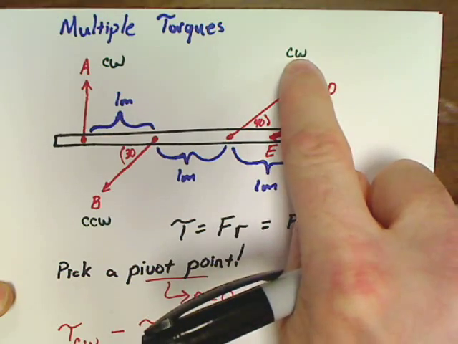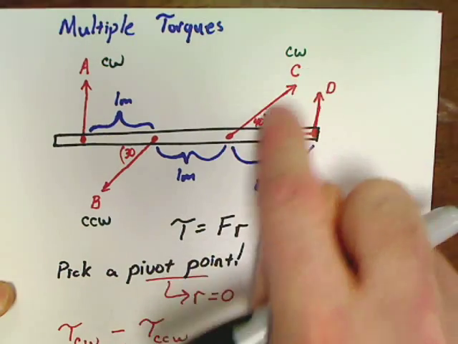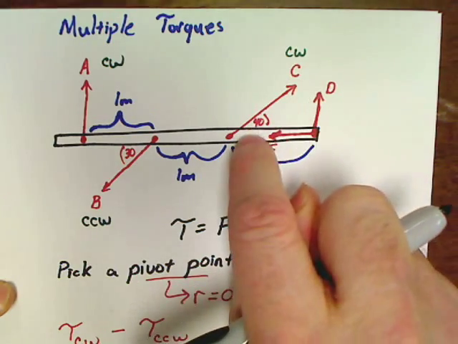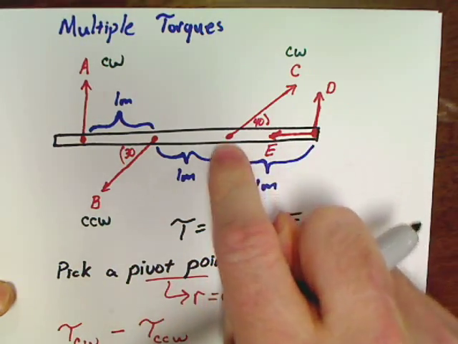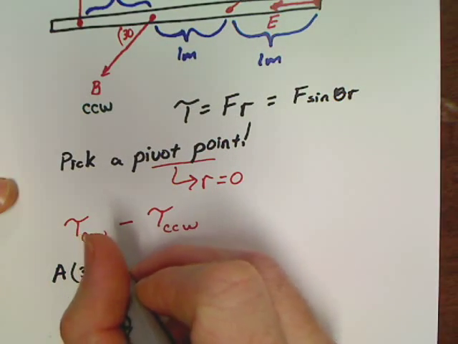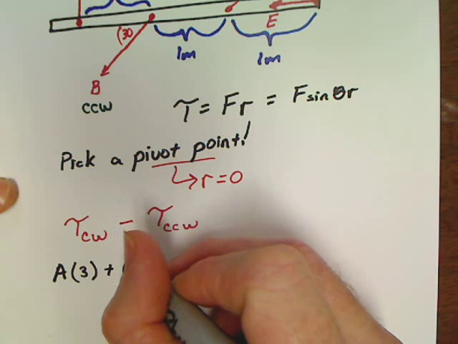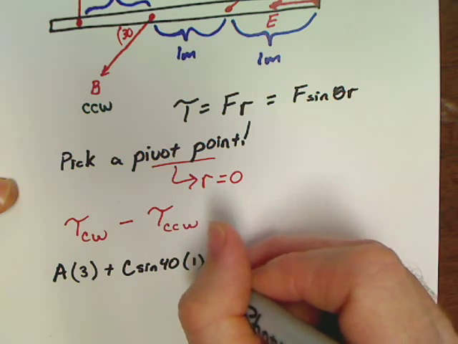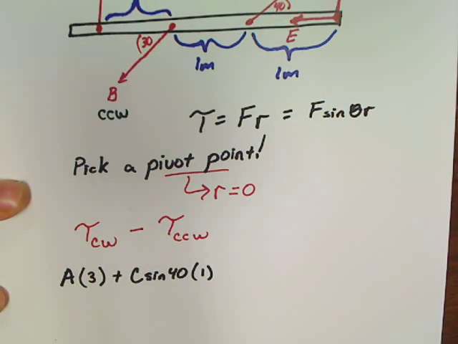I'm going to add my other clockwise. Well, this C is at an angle. So I need to make sure for it I write C sine 40. And it's at a distance of 1 meter from the pivot point. So I'm going to add to it C sine 40. And once again, it was a distance of 1 from the pivot point.